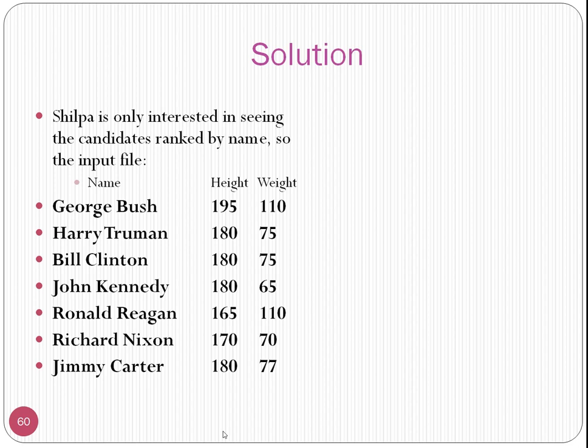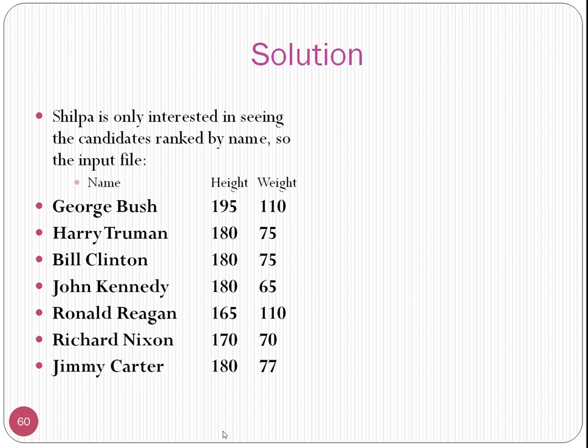So now here is the problem. Shilpa is only interested in seeing the candidates ranked by name. So the input file consists of name, height and weight. The first candidate we have here is George Bush, who has height 195 and weight 110.